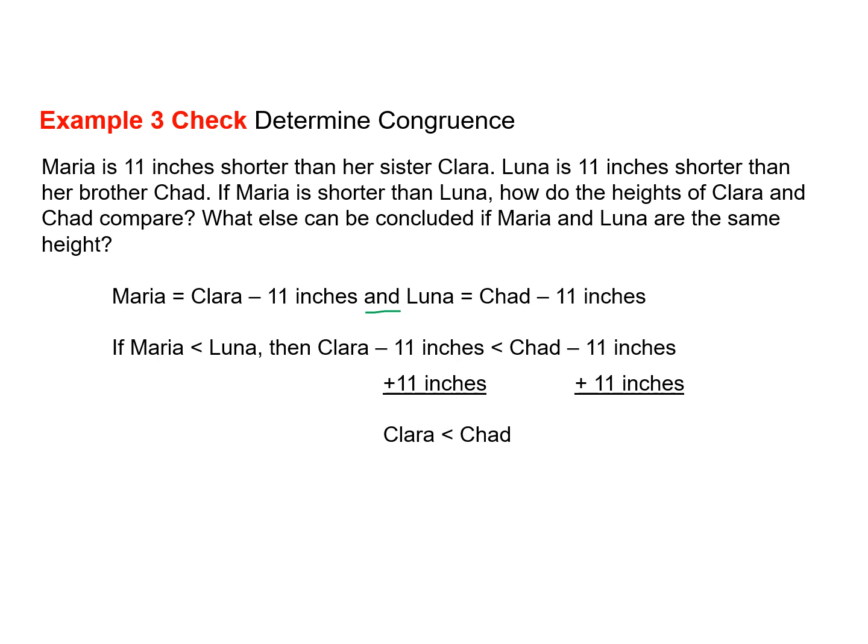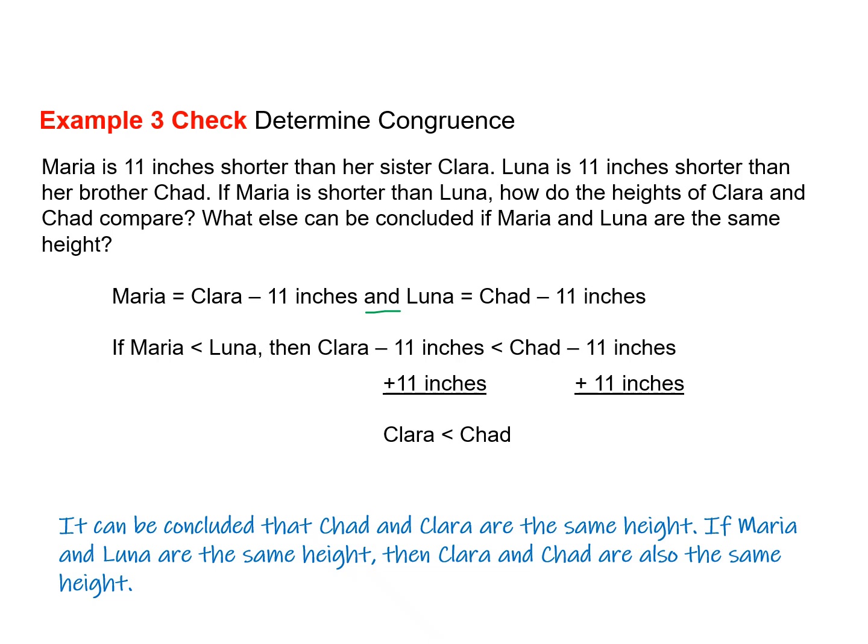And if Maria is shorter than Luna, then Clara's height minus 11 inches is less than Chad's height minus 11 inches. Seeing as they both have 11 inches, if I add 11 inches to each side, I'm left with Clara has to be less than Chad in height. And that really helped the situation because it can be concluded that Chad and Clara are the same height if Maria and Luna are the same height.